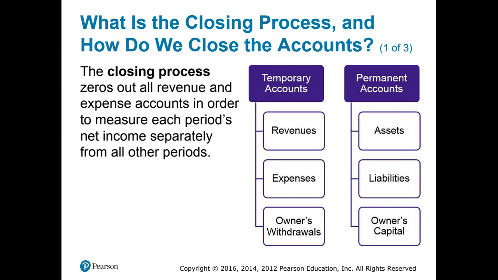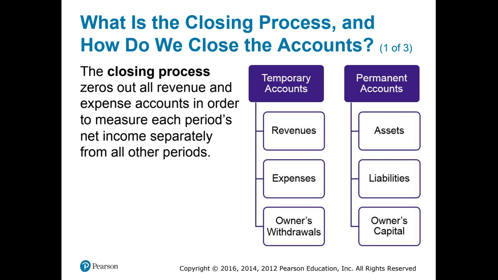The income summary account is like a temporary holding tank that shows the amount of net income or net loss of the current period. Its ending balance, net income or net loss, is then transferred or closed to the retained earnings account, which is the final account in the closing process.